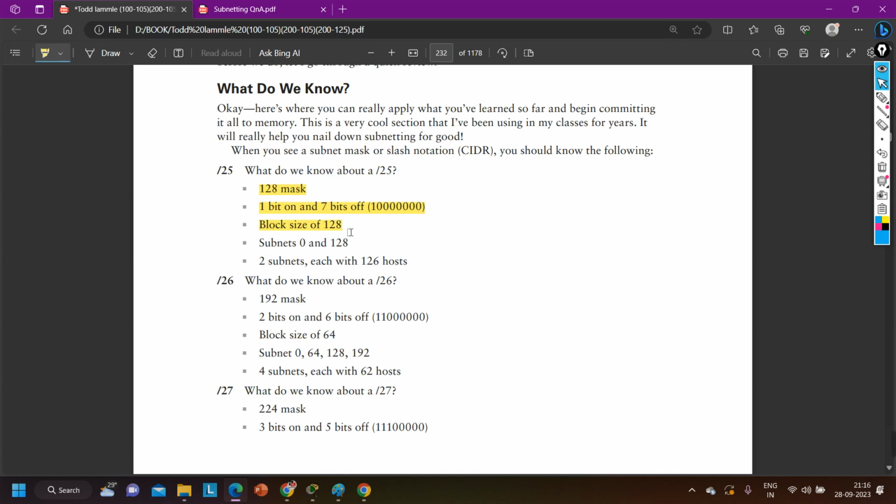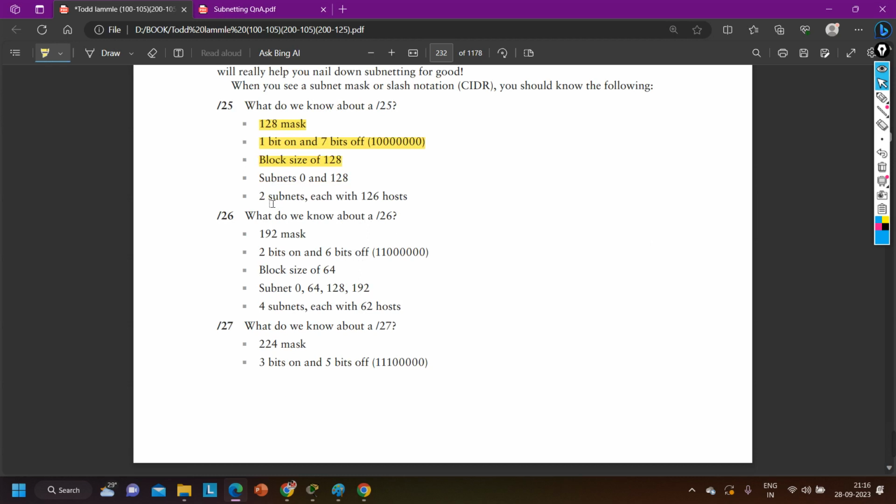Option C is also correct. The fifth one is correct. Two subnets are there because you have borrowed 1 bit, right? Yes, so it is correct.